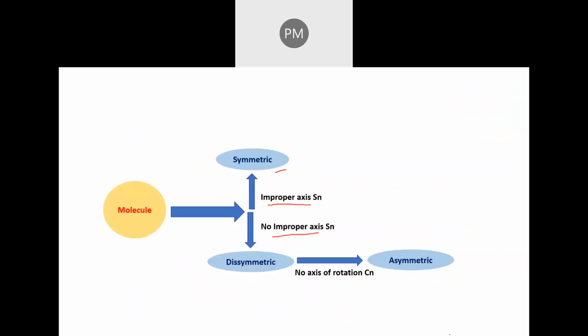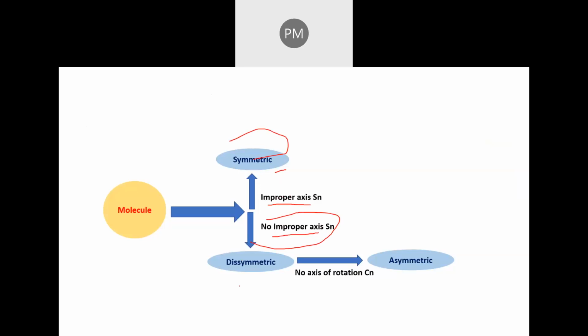Next, we have to find out the symmetry of the molecule. If a molecule has an improper axis, Sn axis, then the molecule will be symmetric. And if there is no improper axis, then the molecule will be dissymmetric.